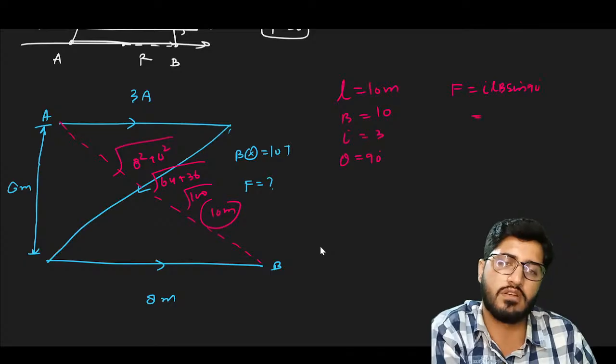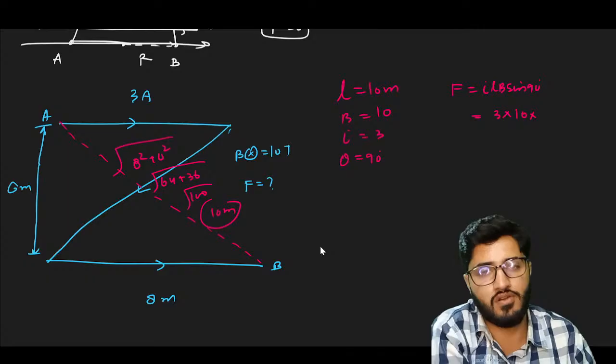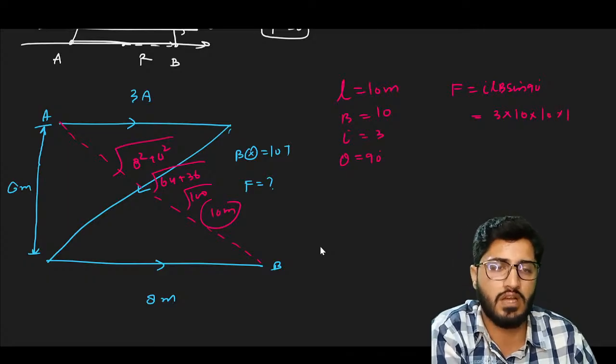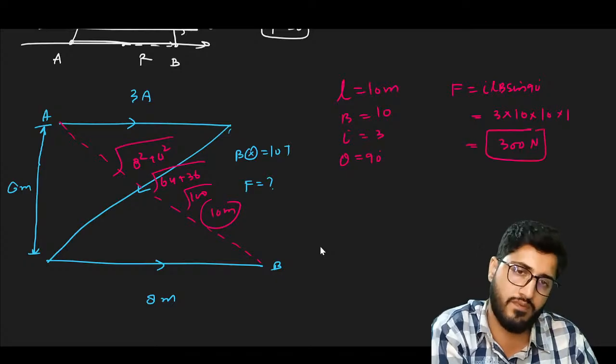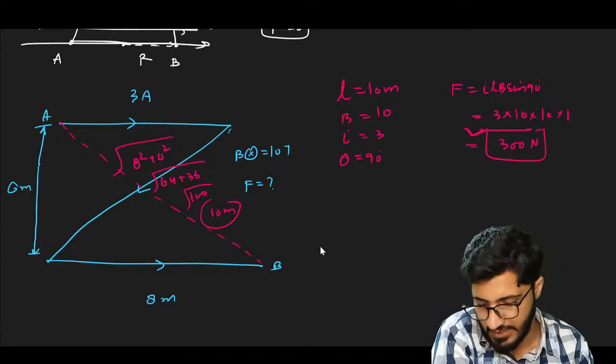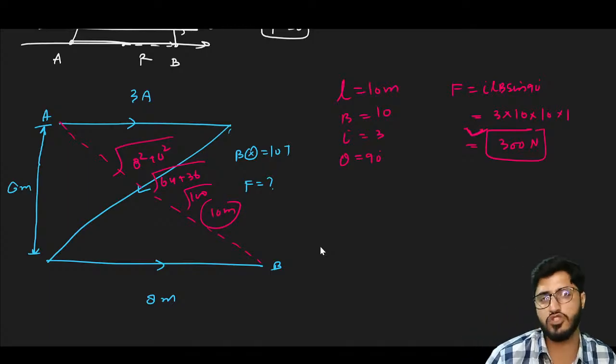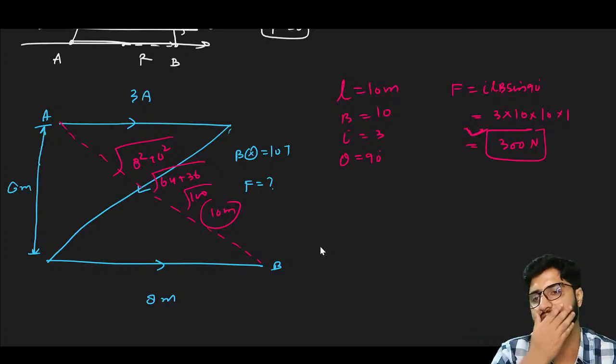I is 3, L is 10, B is also 10, sin 90 is 1. I guess my answer came out to be 300 Newton. Is it 300 Newton? Is this easy or super easy?